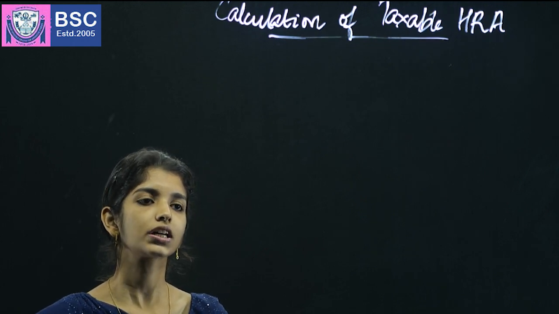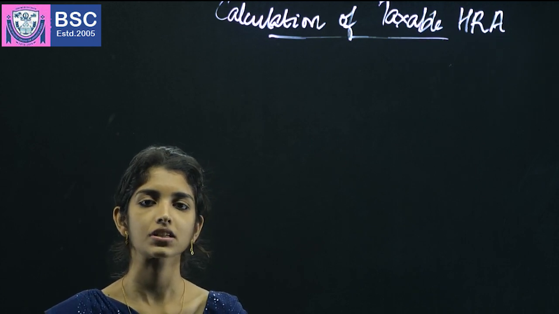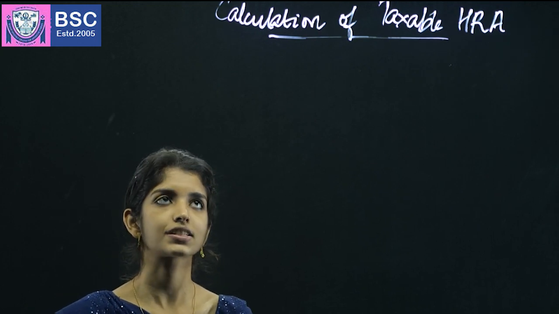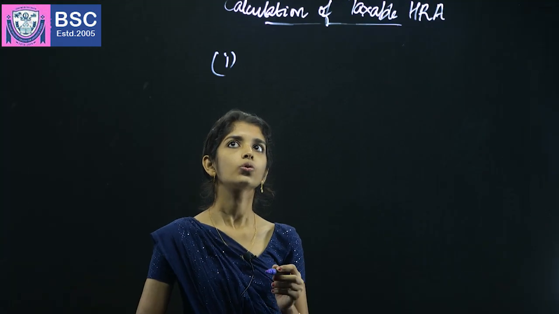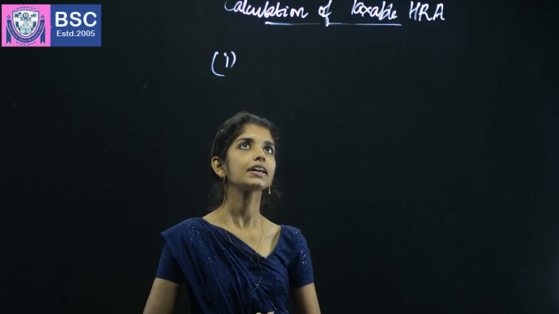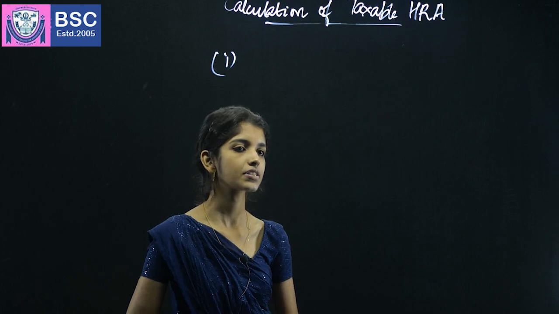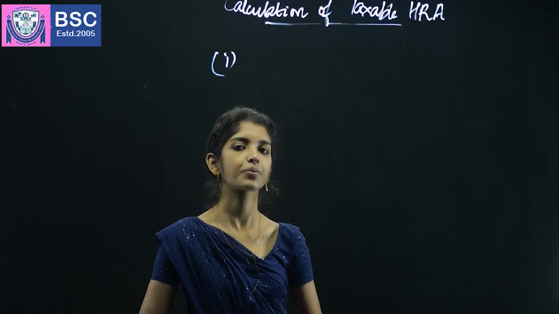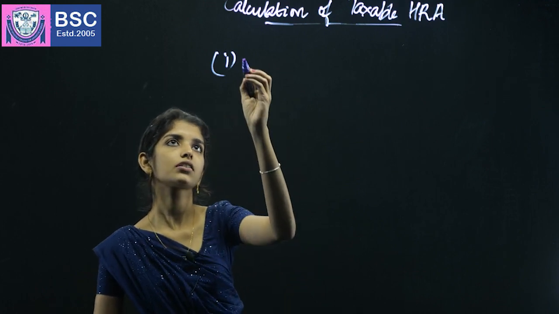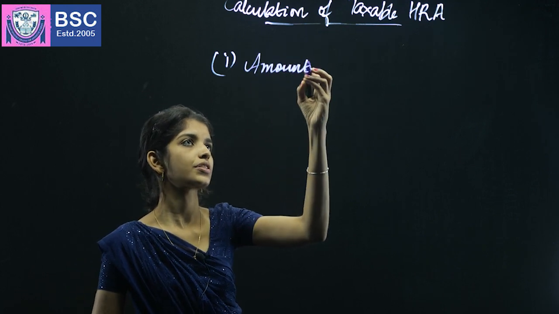So the third rule applies, that is, the least of the below is exempt. The following rule is to be applied for computing the amount of taxable HRA: among the three items, the least of the three will be exempt from the amount of HRA actually received.